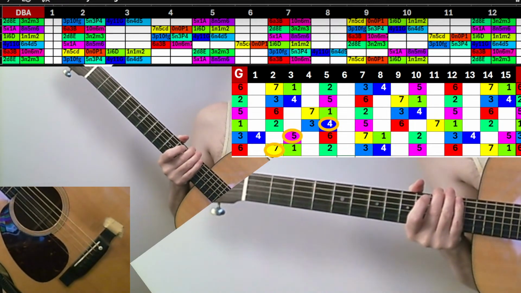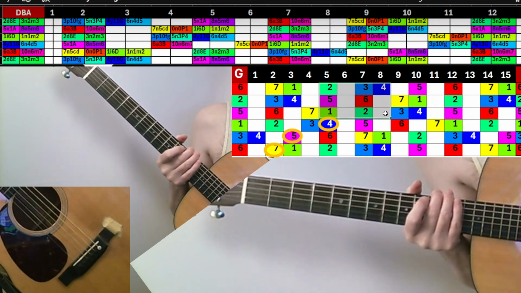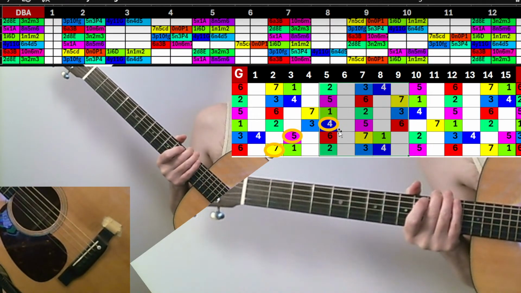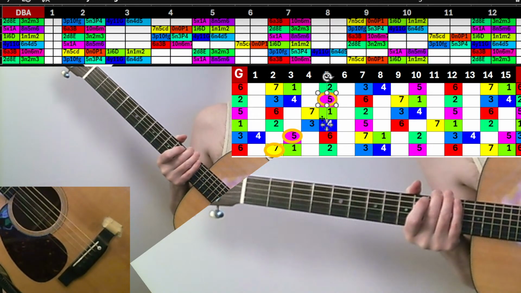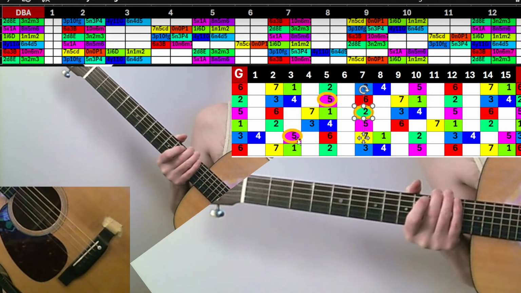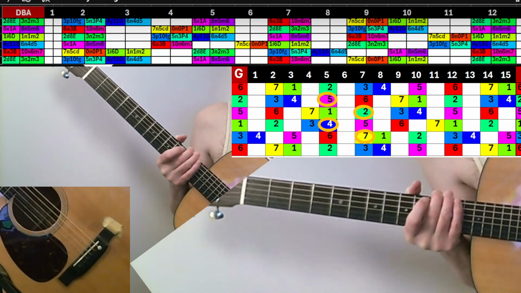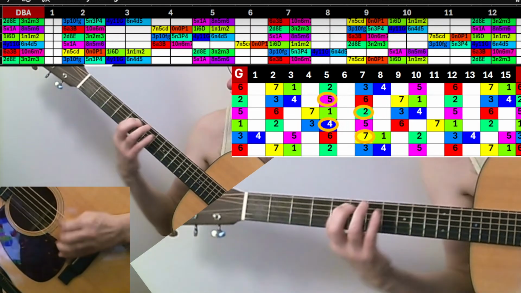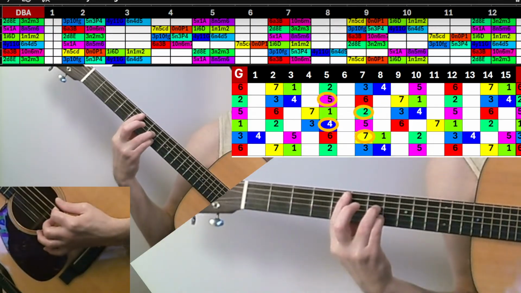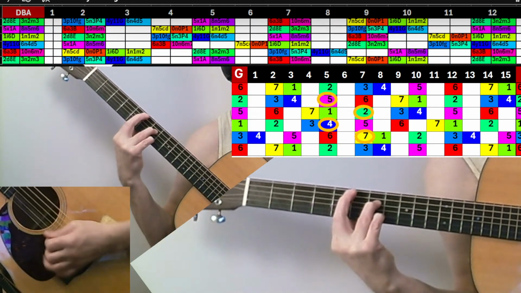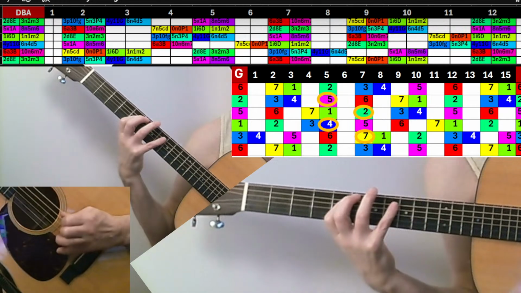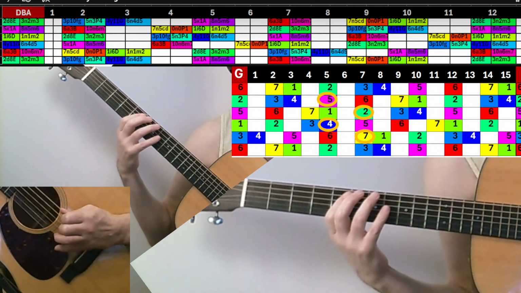Position 2, and then if I moved up here to the base of position 3, it would be up here. So there's my root. If I lean forward, there's the 5, and so that's my lean forward. There's the 7 going this way. That's position 3.